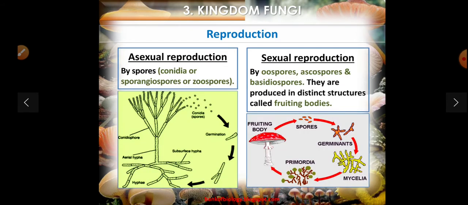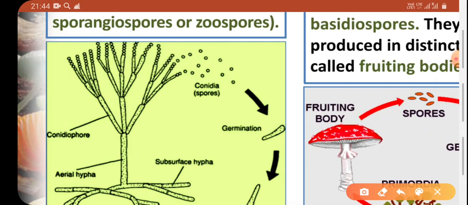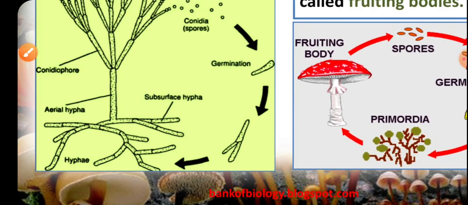Asexual reproduction is by spores, conidia, sporangiospores and zoospores. This that it developed is called spores. After maturation, it splits down and again germinates into a new plant from the spore.